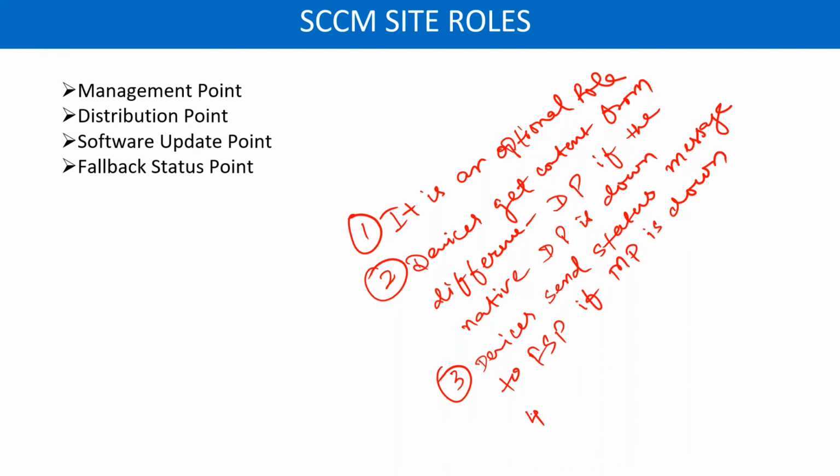Okay. Point number 4, where will you install this? Install the fallback status point on the primary site. You can install this on a secondary site or any other separate Windows server. Understood?